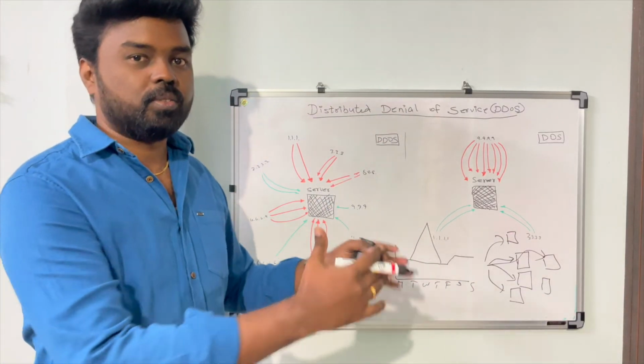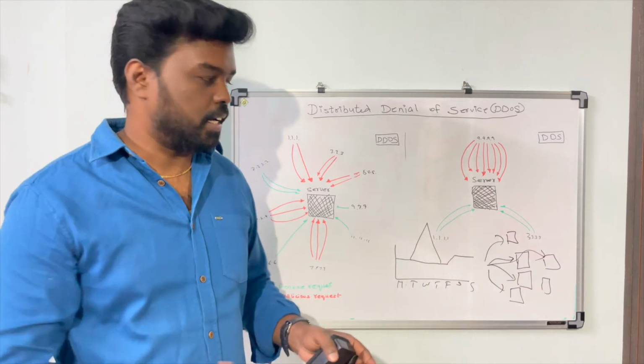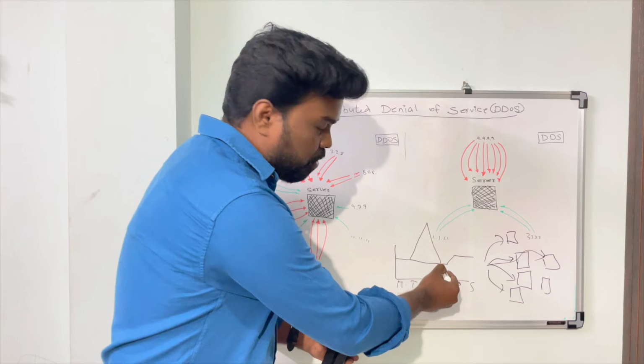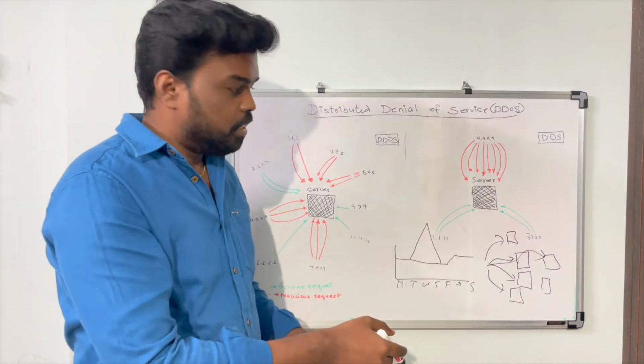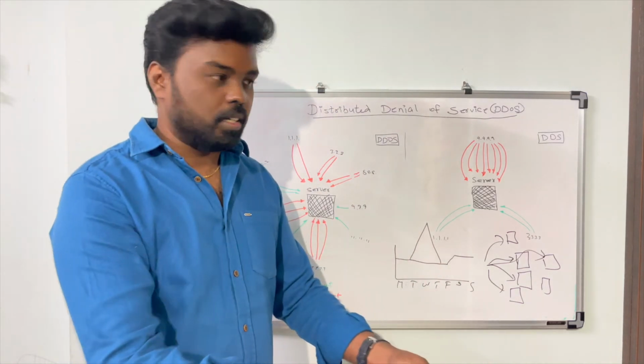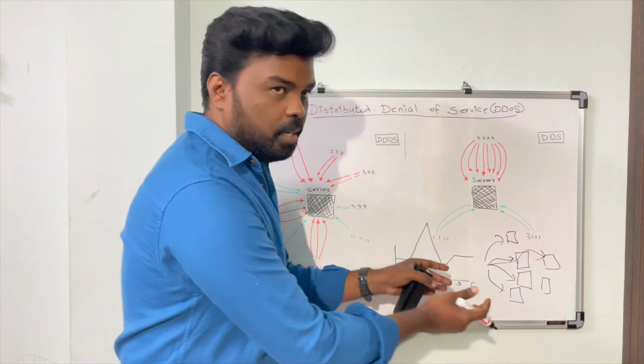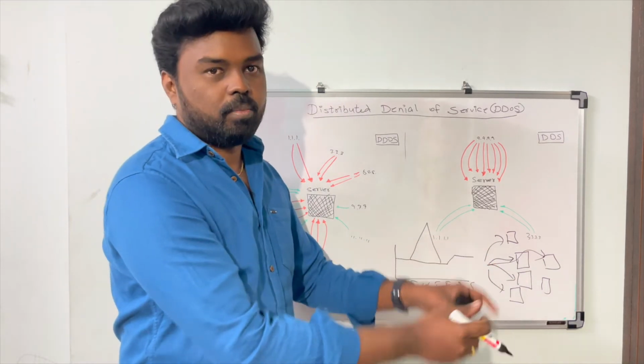Now none of the servers will go down because you have enough servers to handle the requests. But once the spike goes down, once the attack ends and the traffic goes back to normal, you should be able to remove all the additional servers and keep only the two servers that we had at the beginning.